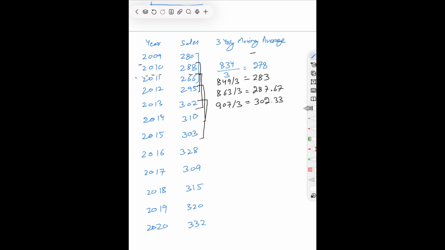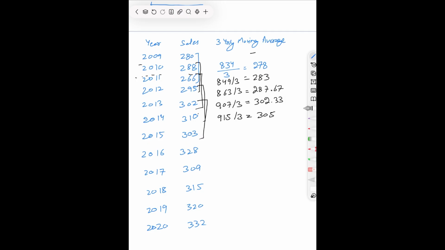Similar fashion, next three. So this will be 302 plus 310 plus 303. 915 divided by 3, 305.